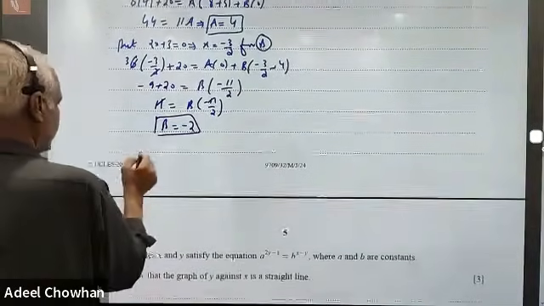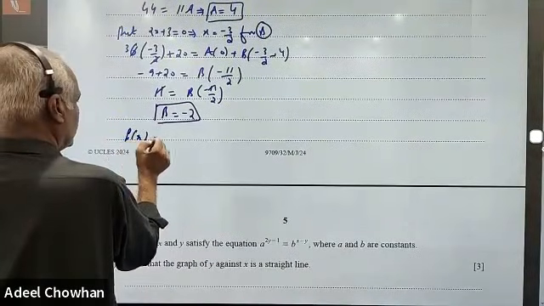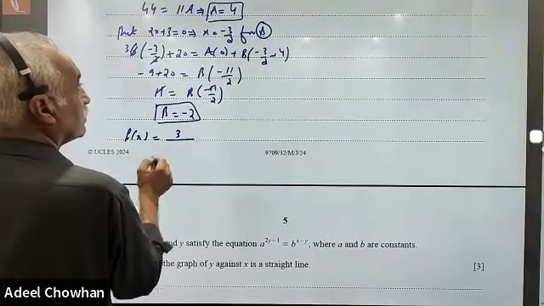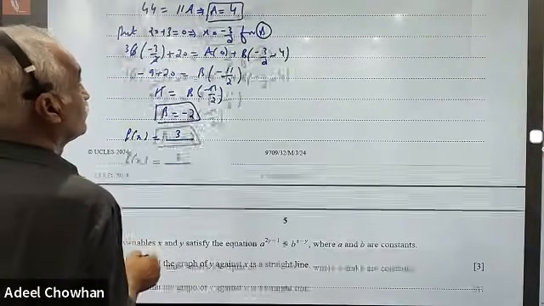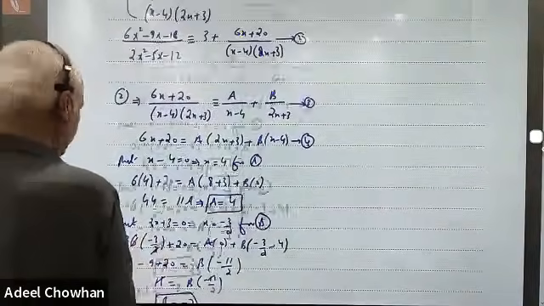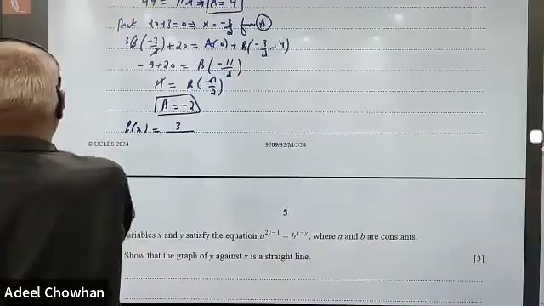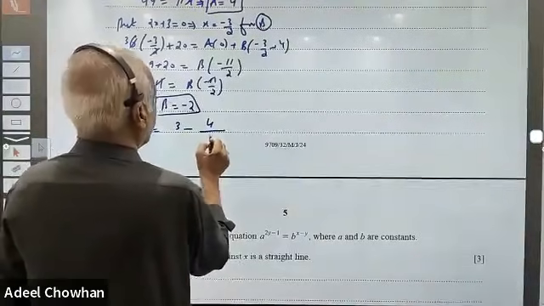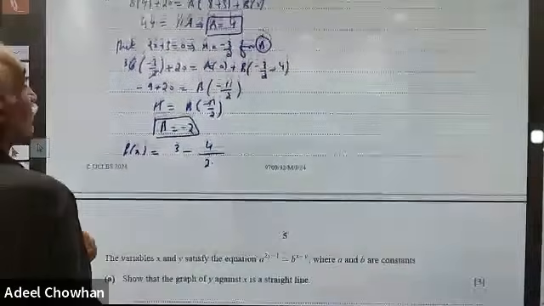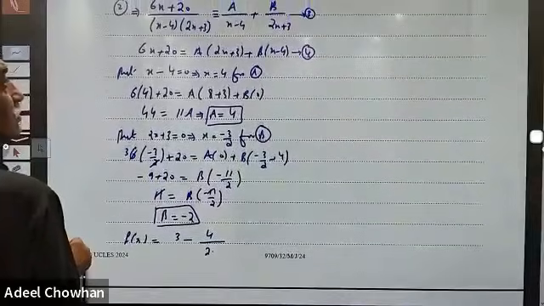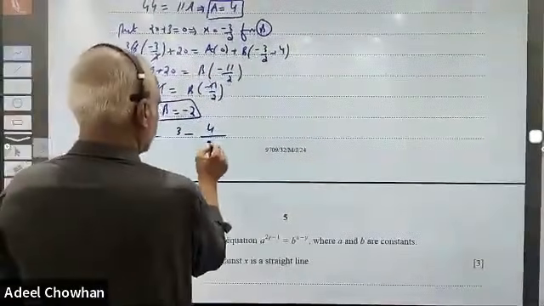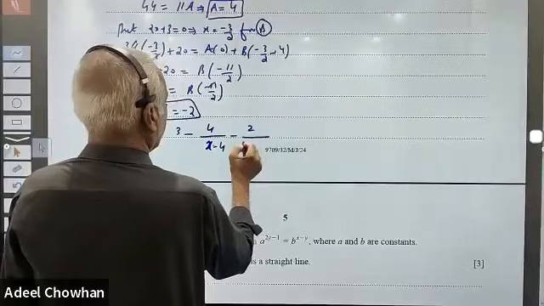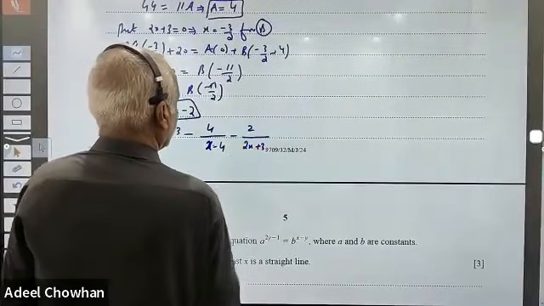So the whole fraction f(x) is equal to 3 plus 4 over (x minus 4) plus B, whose value is minus 2, over (2x plus 3).